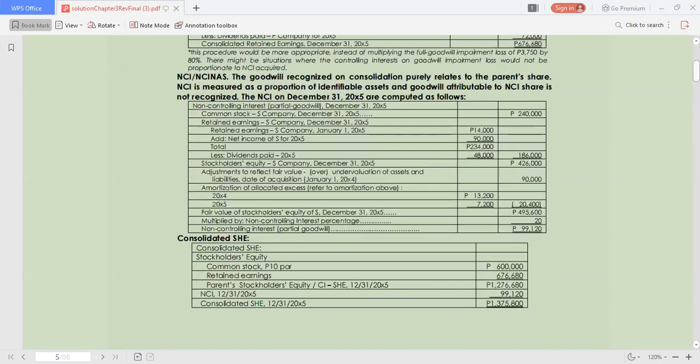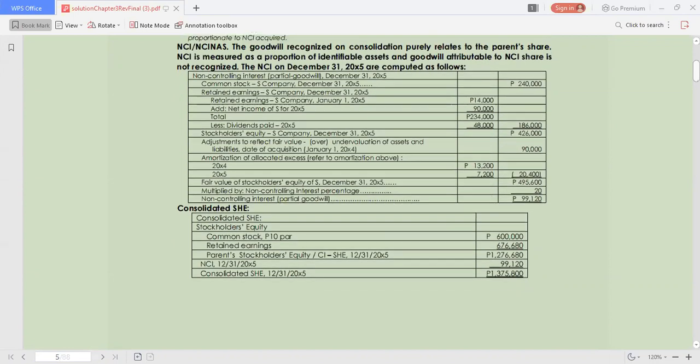Now, for the consolidated stockholders' equity, we have now the common stock at par of the parent. Then we add the retained earnings of 676,680. We have the parent stockholders' equity on December 31, 20x5, and the NCI is 99,120.